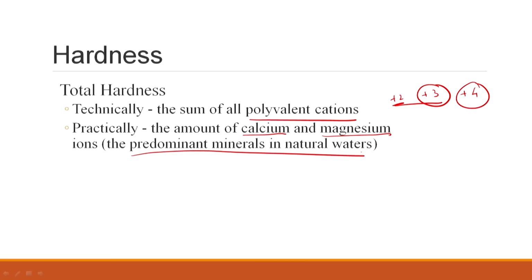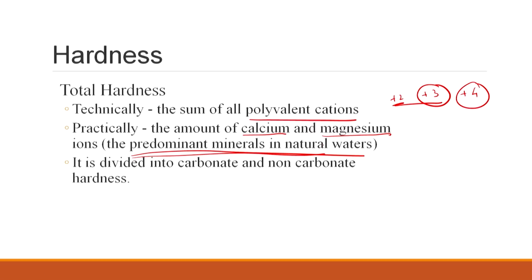So, hardness, though technically it is the sum of all polyvalent cations, it ends up being the sum of calcium and magnesium in water. And it is broken down into carbonate and non-carbonate hardness, because the way you can remove calcium and magnesium will depend upon the type of hardness that it is, I guess, right.